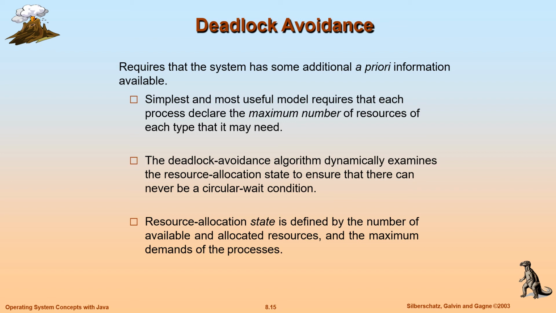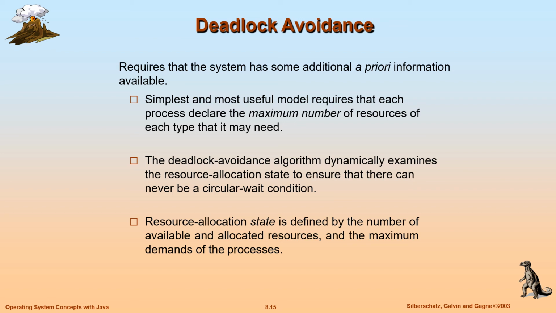A deadlock avoidance algorithm dynamically examines the resource allocation state to ensure that there can never be a circular wait condition. If a circular wait condition occurs, it means deadlock occurs.